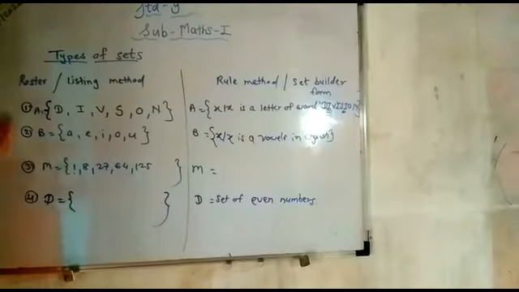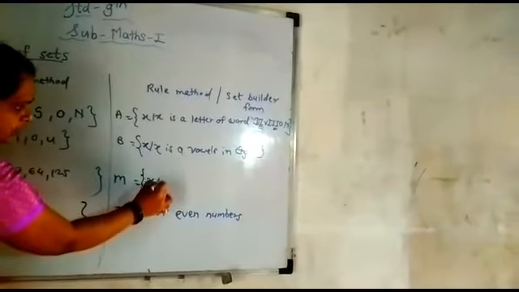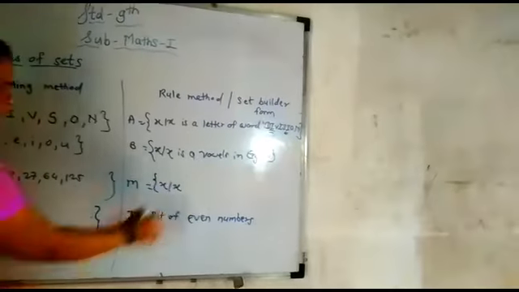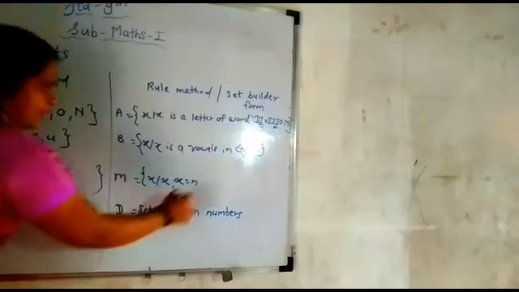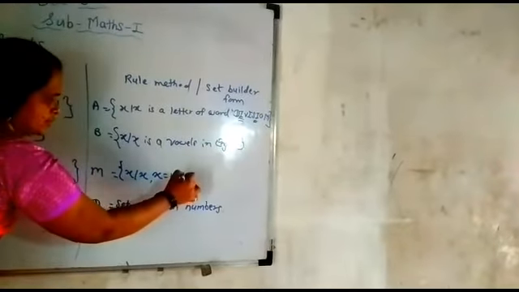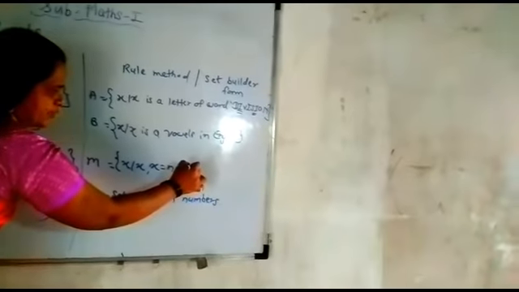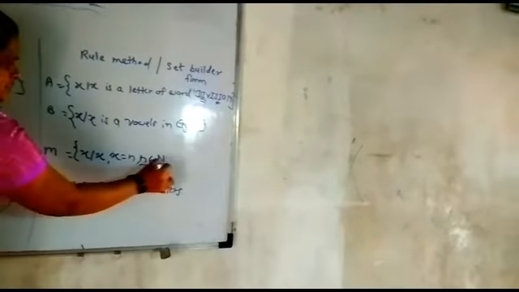How to write? First we write x oblique x or x colon x. X is equal to n. N means number, and these numbers are natural numbers. Epsilon N means these numbers are natural numbers.